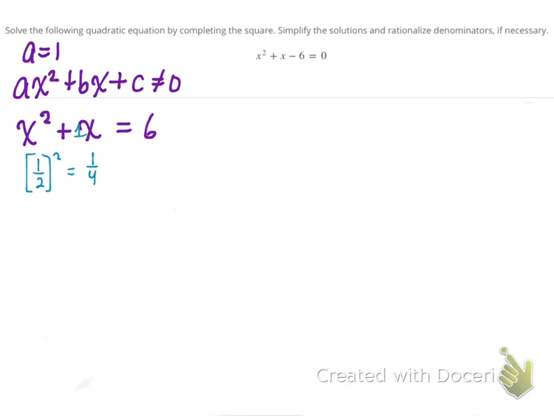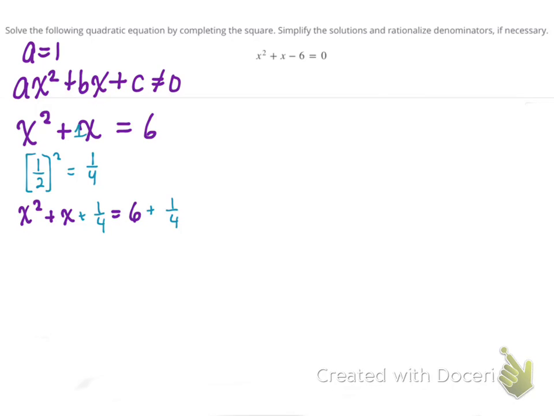Now the technique says add this number to both sides. So I'm going to have x squared plus x plus 1/4 equals 6 plus 1/4.